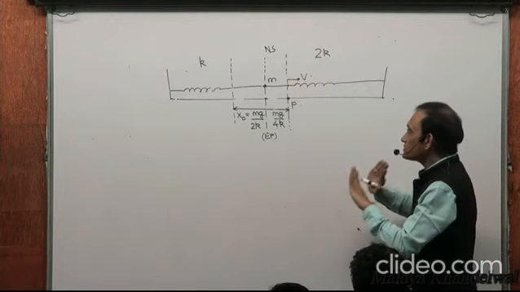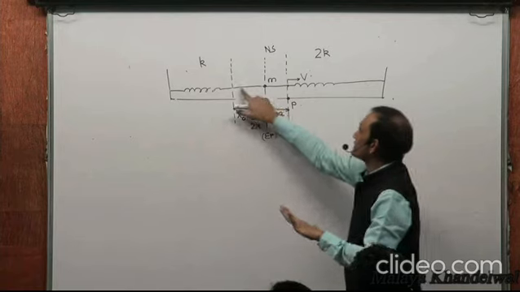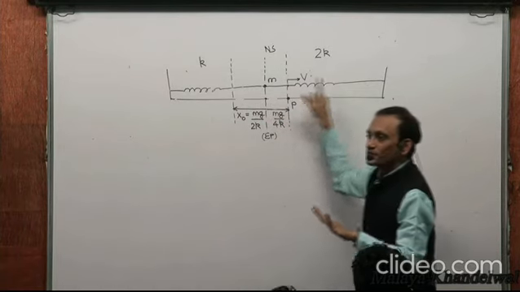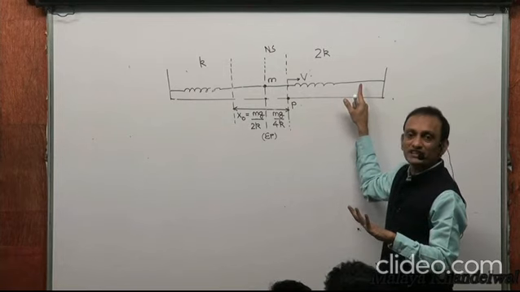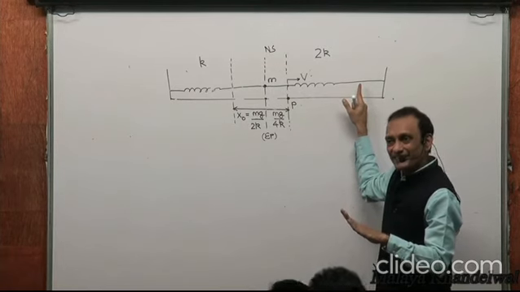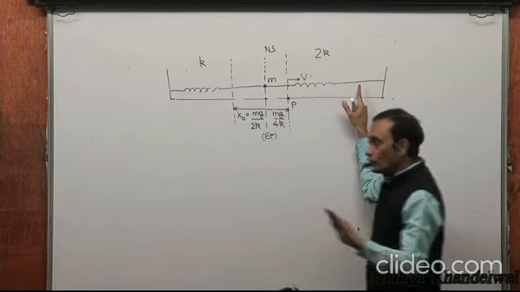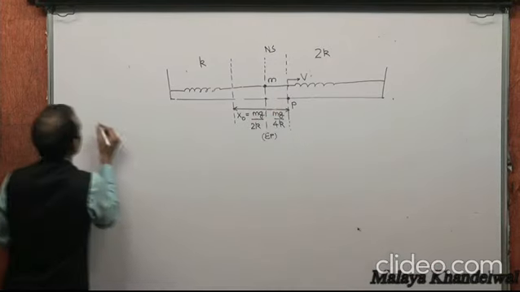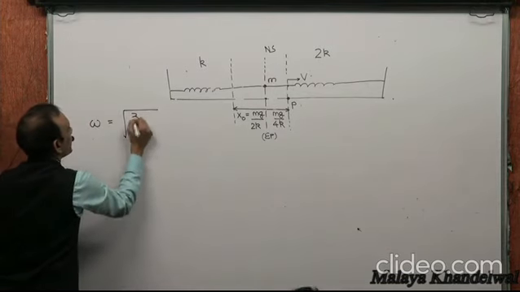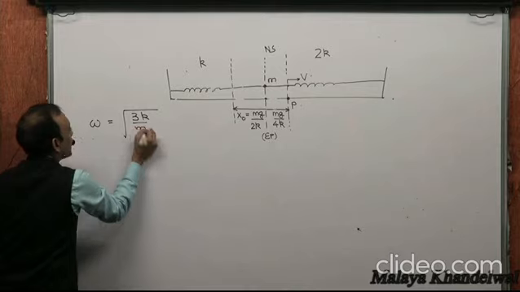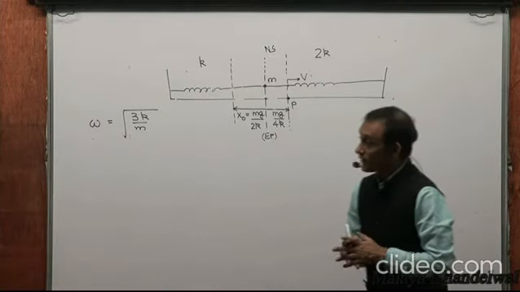Now, first things first. The two springs, are they in series or in parallel? They're in parallel. So what's the equivalent k for the system? 3k. Right? 3k is the equivalent force constant for the system. Yes or no? So the angular frequency of oscillation for the mass m is going to be root 3k divided by m.